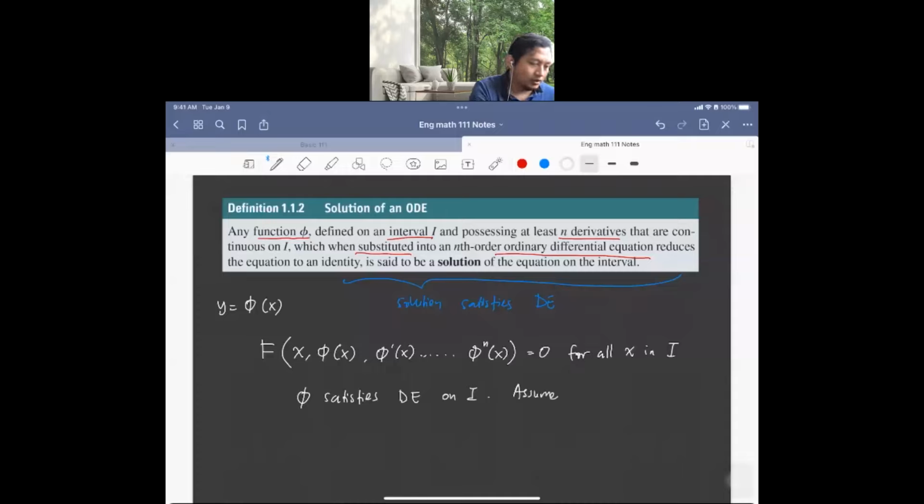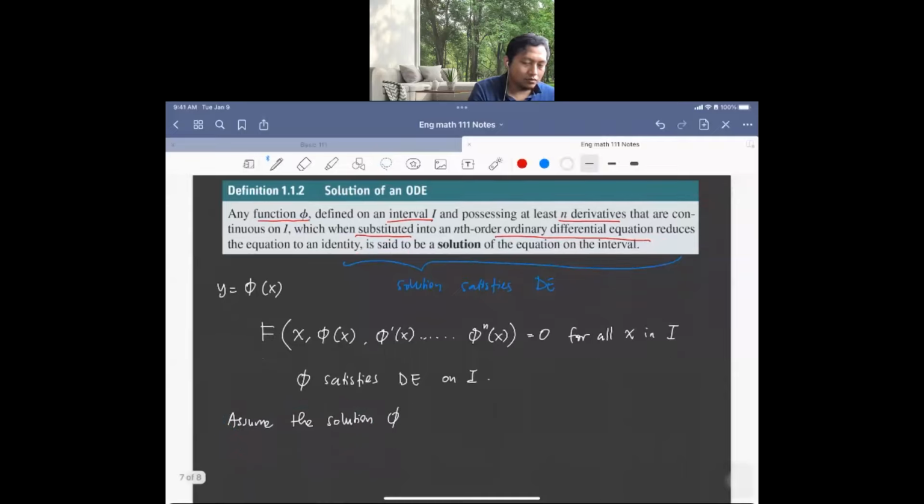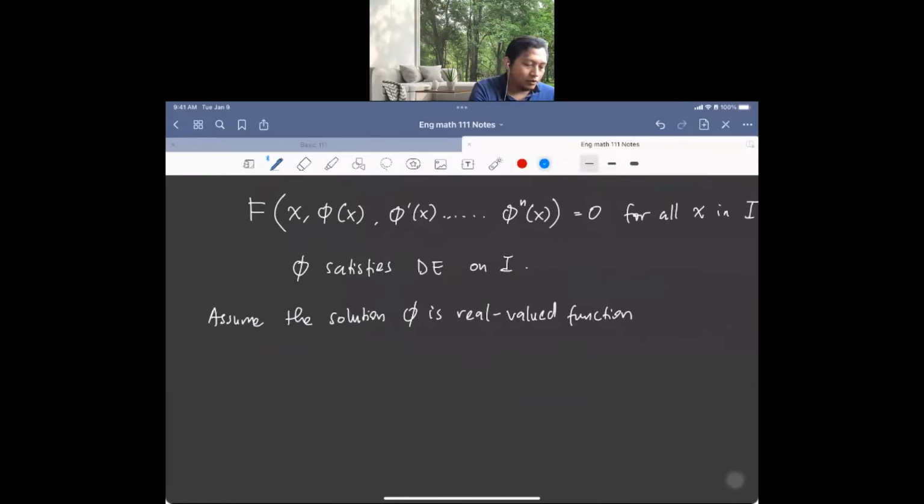So assume the solution psi is a real-valued function. If we turn back to our equation in the beginning, we see that y equals e to the power of 0.1 x squared.